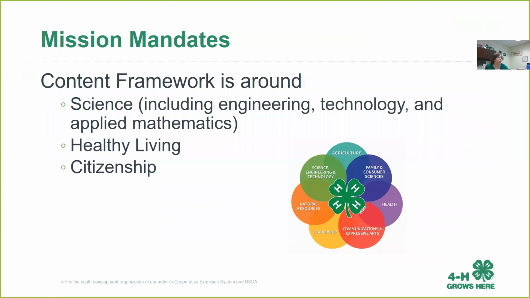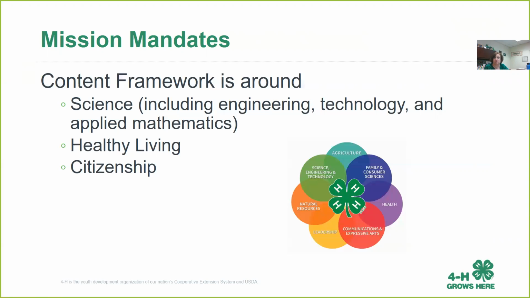So you have agriculture, and that would include a lot. If you look at mission mandates, that's really around science. And then you have family and consumer sciences. Typically, those are around the science field. There might be some citizenship things in there as well. The health is really under healthy living, communication and expressive arts.